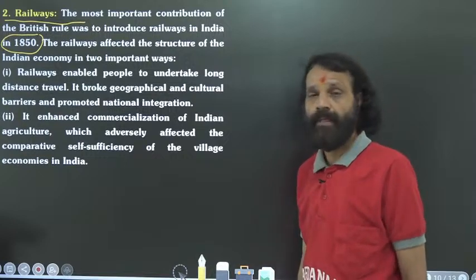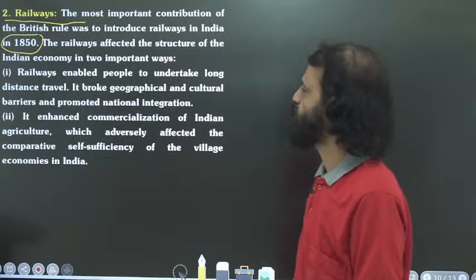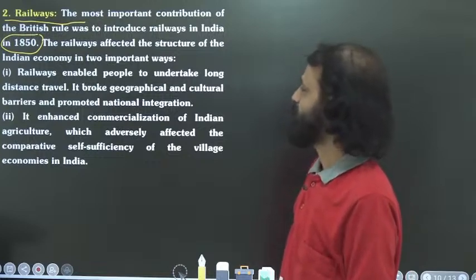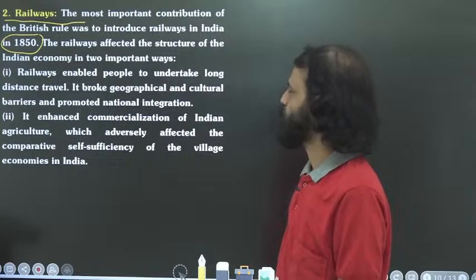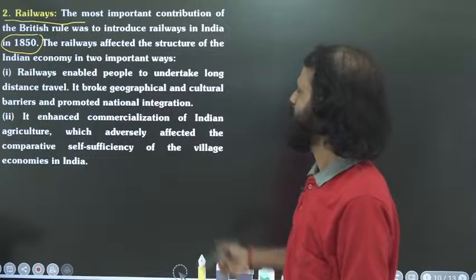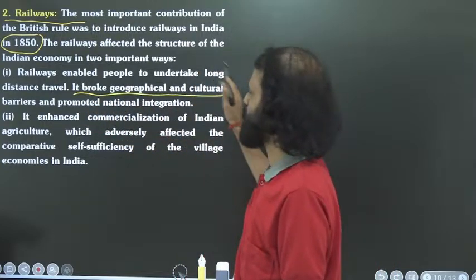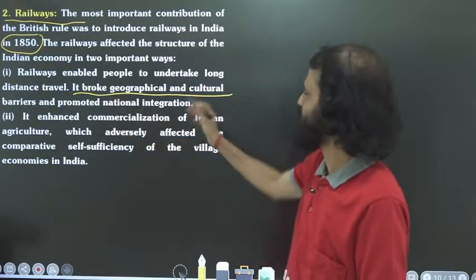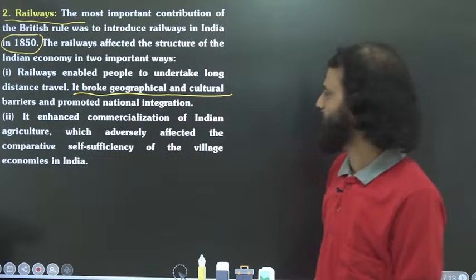After the coming of the Indian Railway, what happened? People moved freely here and there. They traveled all over India. People moved from south to north and north to south. So what happened? It broke geographical and cultural barriers and promoted national integration, so that people understood what India is.